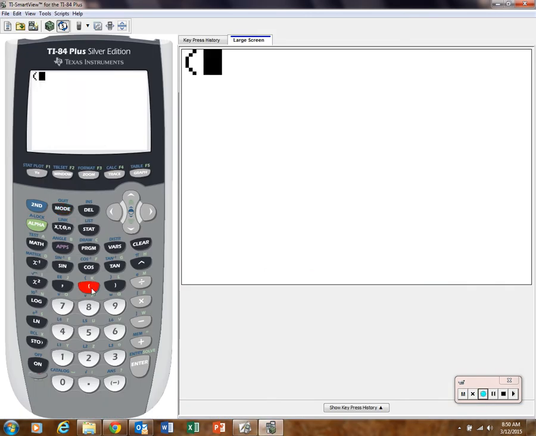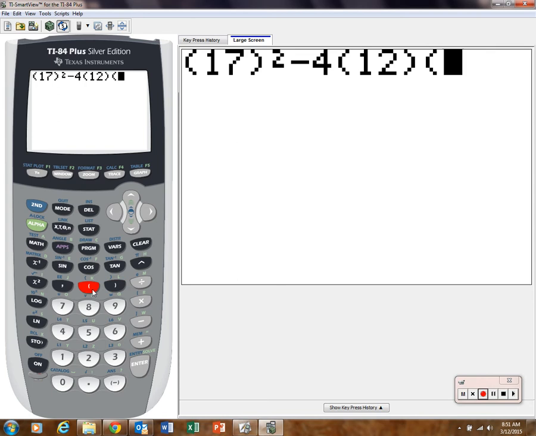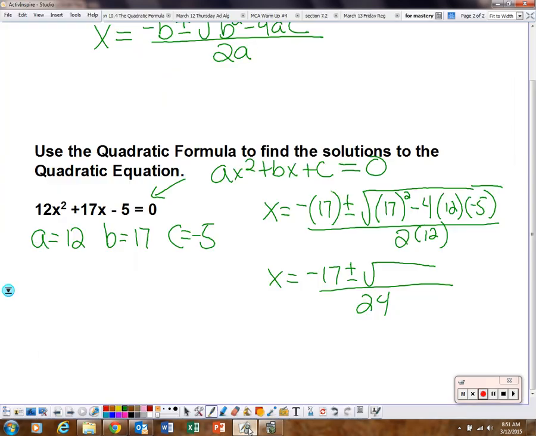So, parentheses, 17 squared minus 4 times 12. Close it, times negative 5. Close it, enter. Okay, 529. So this becomes 529.